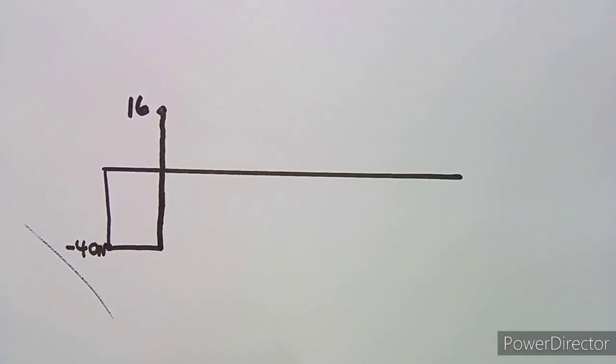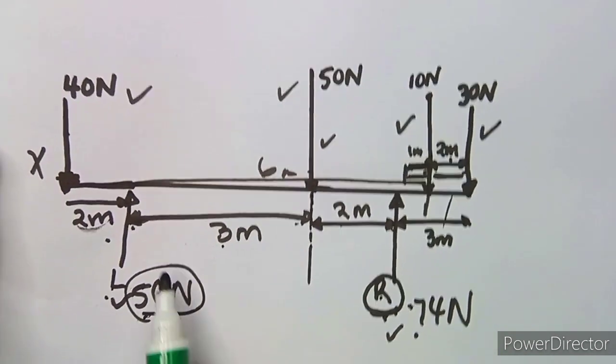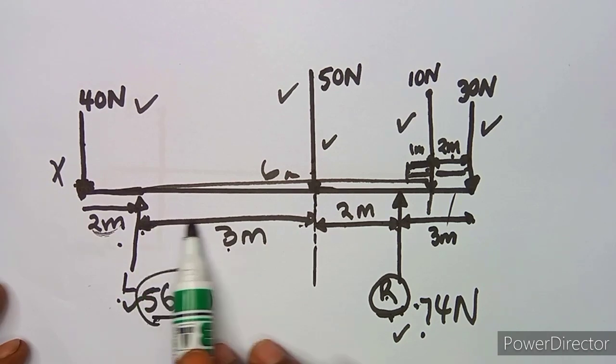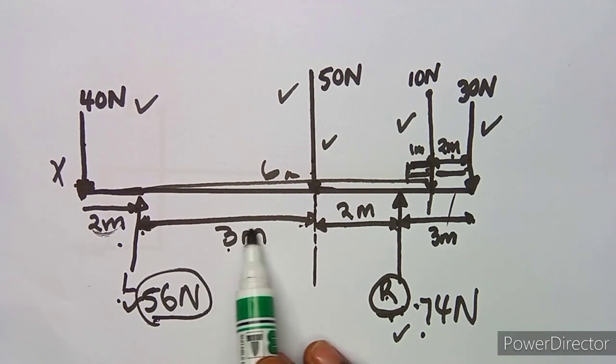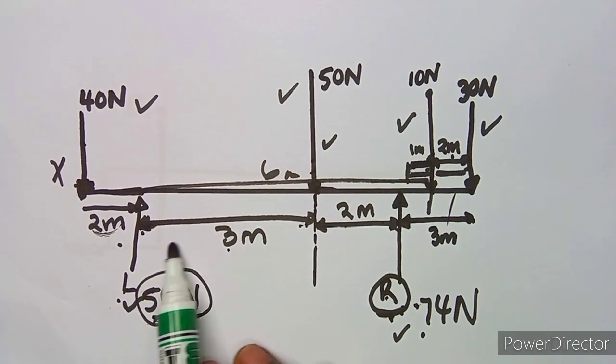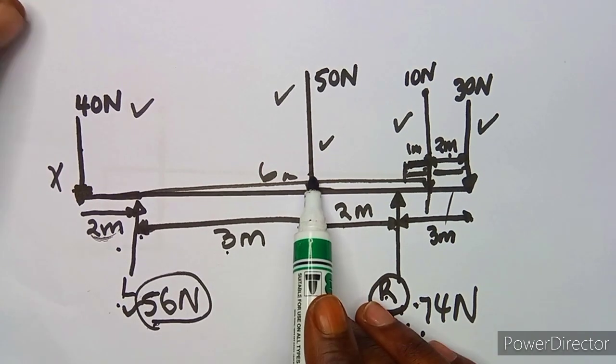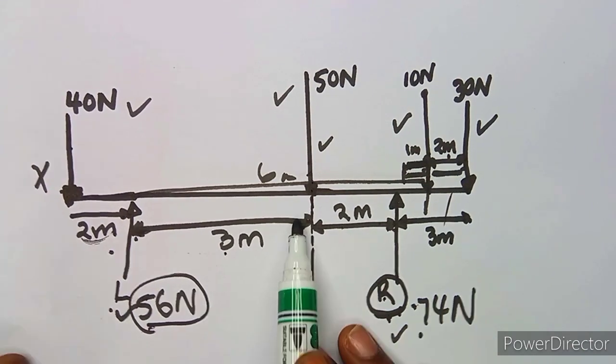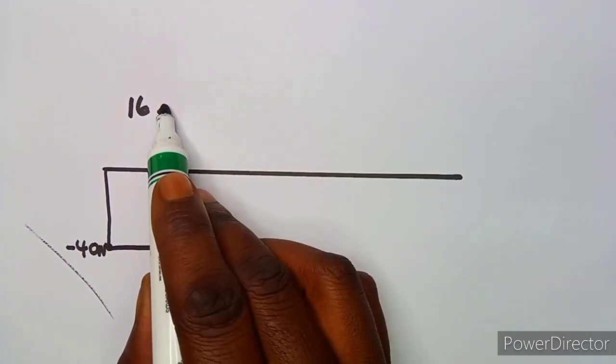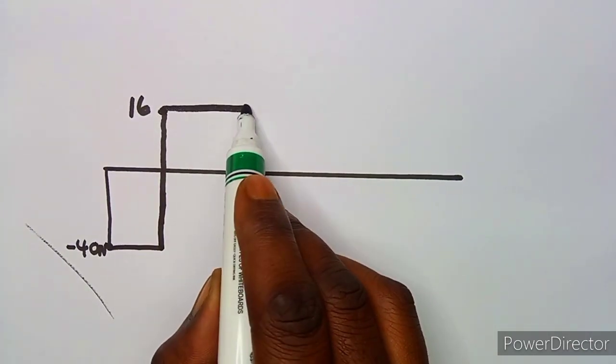Okay, then what happened here? Between there is a distance of 3 meters. If you cross check between the L and this force of 50, which is going downwards, there's a distance of 3 meters. So you're going to move a distance of 3 meters, something like this.